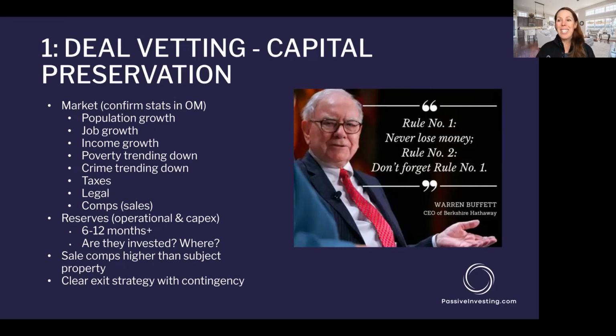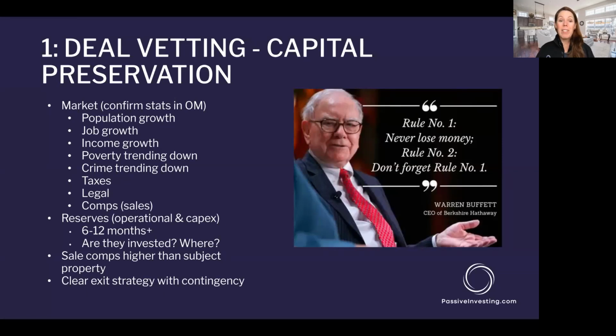Now here's the kicker. That's a lot of cash to have sitting on hand in a bank, earning maybe 1% return in an account. If you're lucky, you can lock it up in a CD right now at 3.5 to 4%. That's still a lot of cash. You've got a lot of drag there. Is the operator investing that cash somewhere?